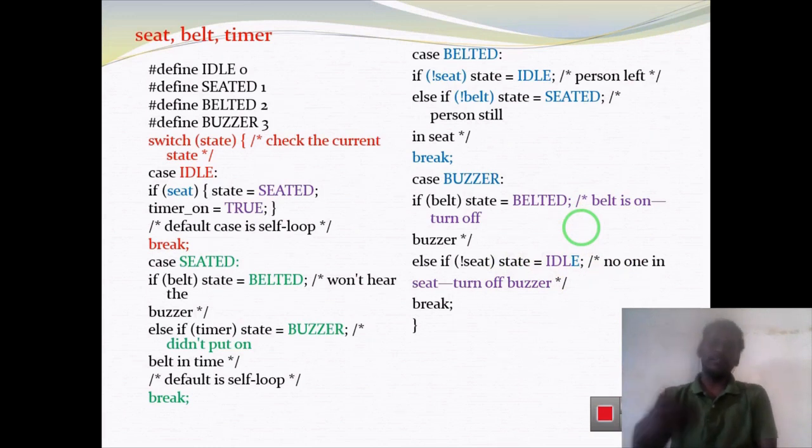When we turn on the buzzer, the person is available, but if within the defined time the person does not wear the belt, the buzzer will obviously turn on and give an alert sound. When the person is not inside the car, or wears the belt within the correct time, there is no need to turn on the buzzer.